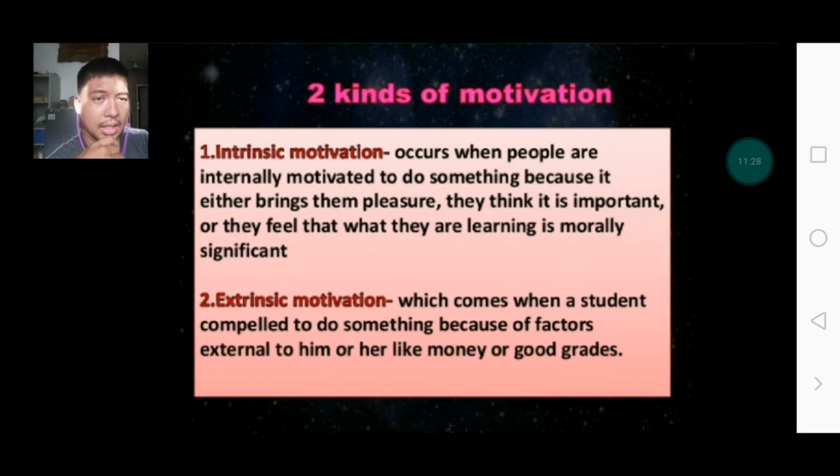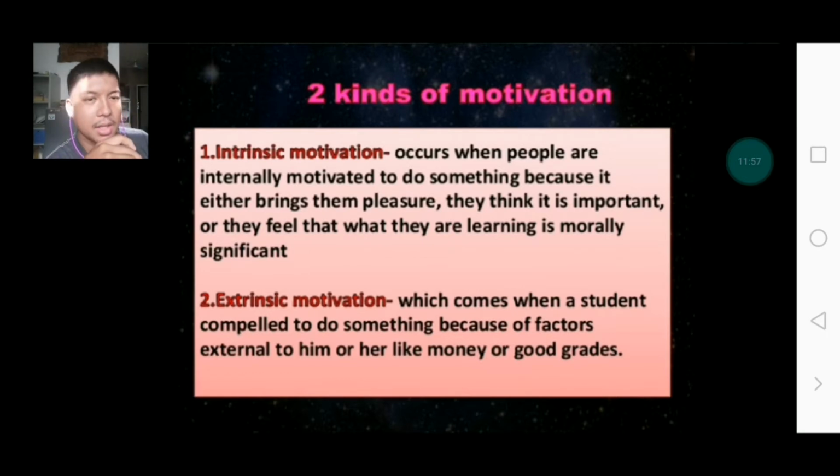So the intrinsic is the opposite of extrinsic. Extrinsic motivation comes when a student is compelled to do something because of a factor external to him or her, like money. In the extrinsic, you rely on the goods that you may get after doing that particular task or job.